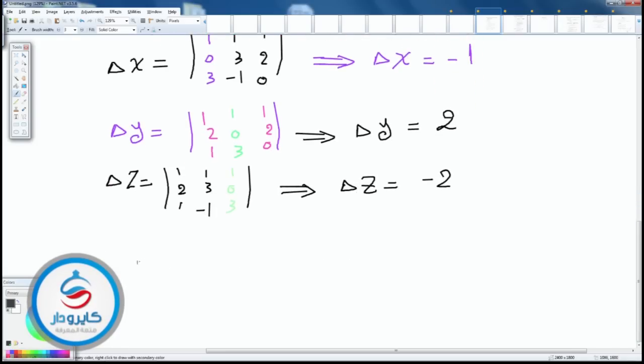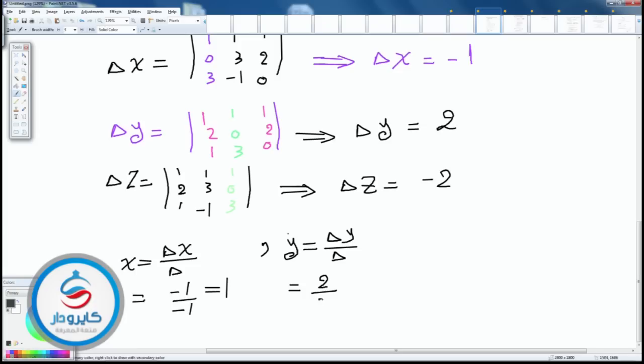So as we know that x equals delta x over delta, that means x will be negative 1 over negative 1, it will be 1. Also y equals delta y over delta, that means 2 over negative 1 equals negative 2.